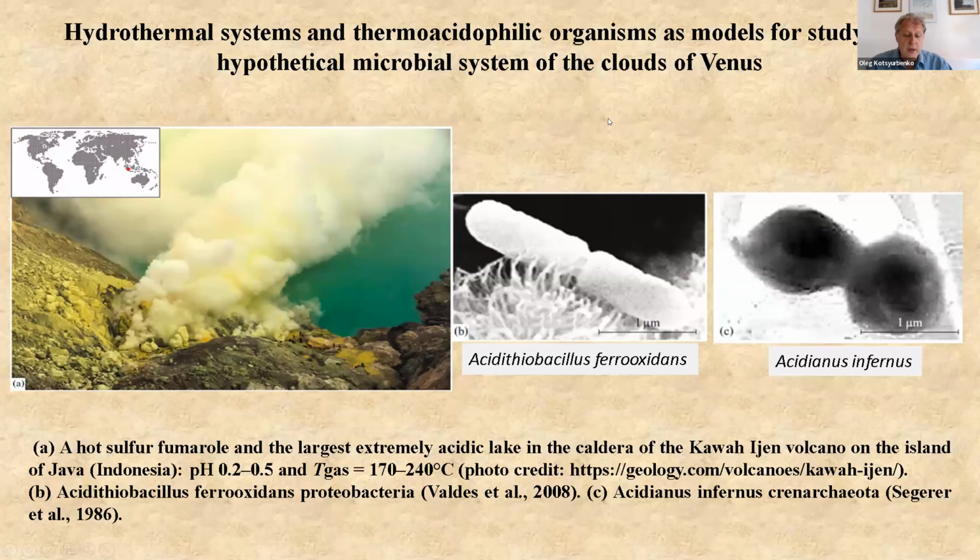Of course, we must also consider the terrestrial clouds on Earth as an environmental analog to the Venusian cloud system, but only environmental or structural, because the difference between these two systems is very large.